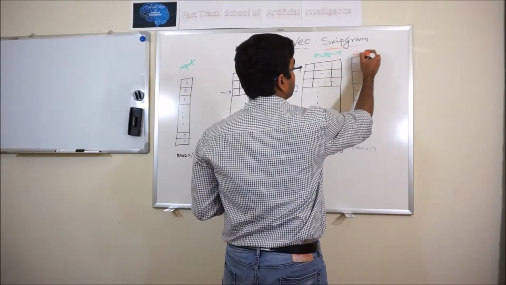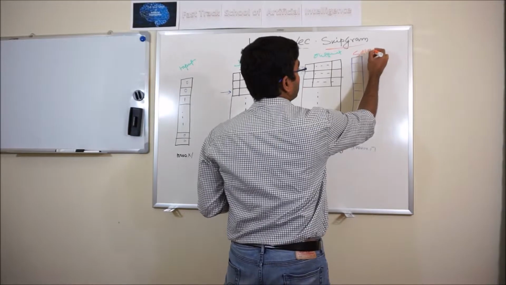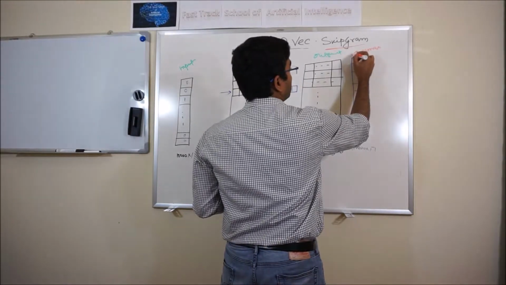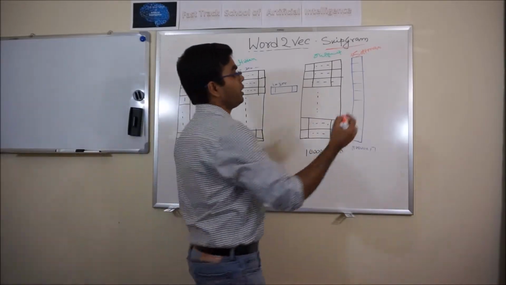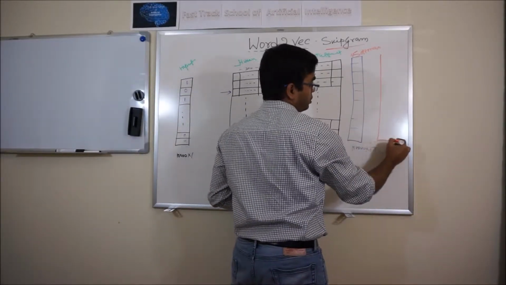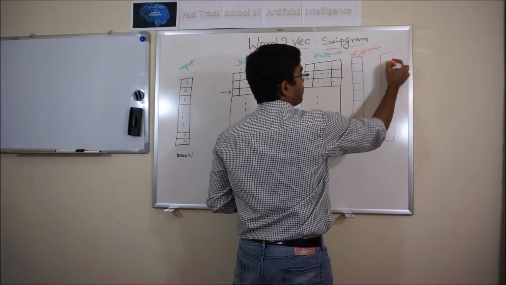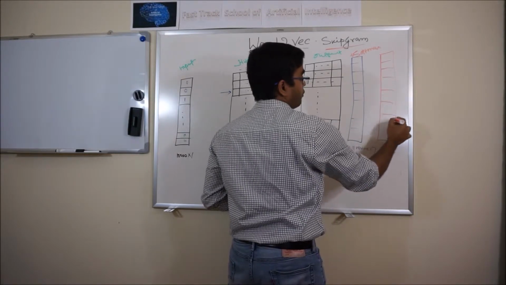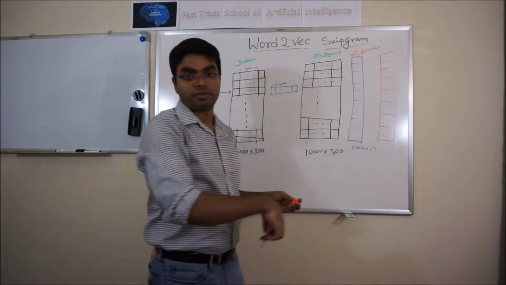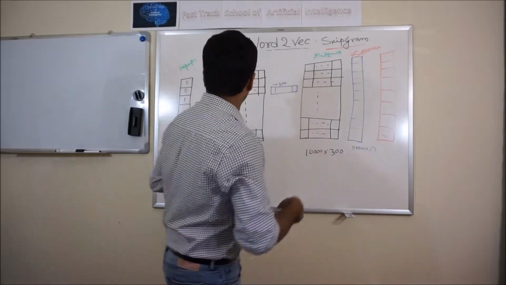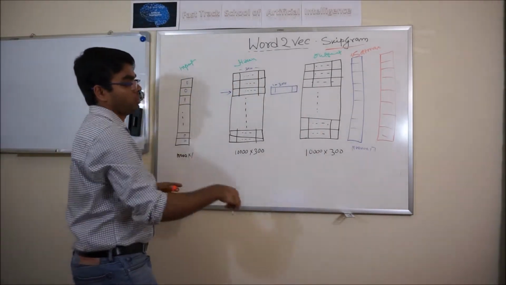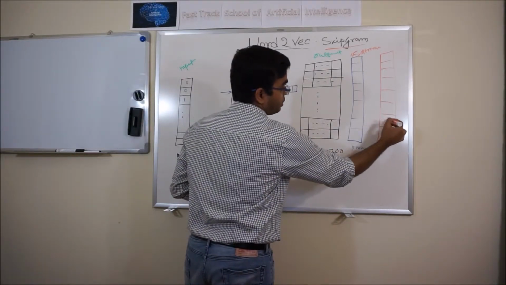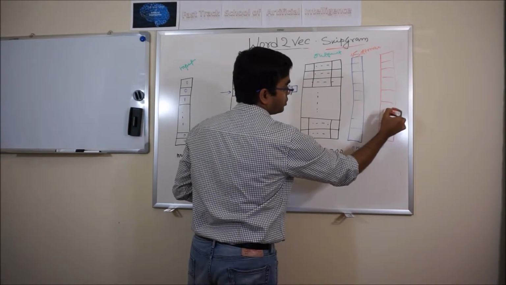We'll apply softmax on top of it. So finally we are going to get the probability distribution for each individual word. The word which has the highest probability to be the context word will have the highest value, maybe 0.9.